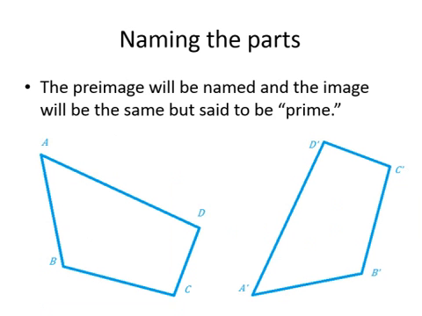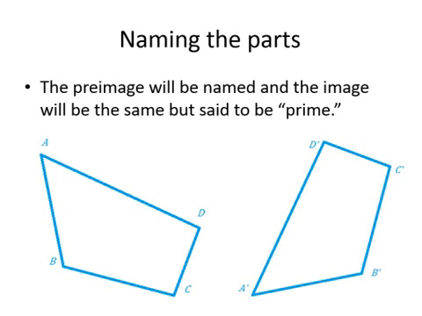Okay, so naming parts. Whenever we have our object and we are shifting it from one point to another, the original one, the pre-image, will be named A, B, C, D, and the image, the new one, is always going to be primed. So the point A is now A prime, using that little apostrophe. B is B prime, C is C prime, D is D prime.